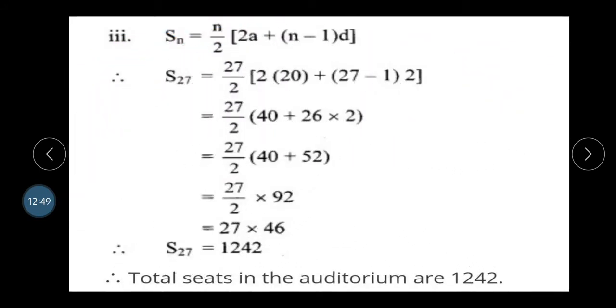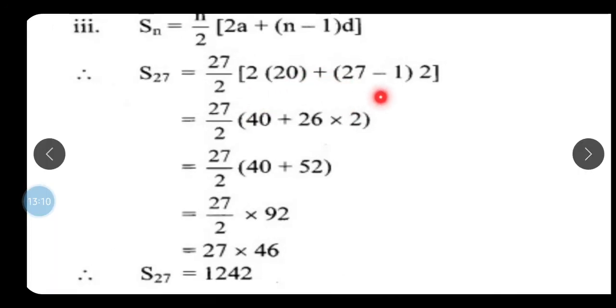Now, we need to find total number of seats. So, Sn is equal to n upon 2 into 2a plus n minus 1 times d. Substituting the values, we get S27 is equal to 27 upon 2 into 2 into 20 plus 27 minus 1 times 2.